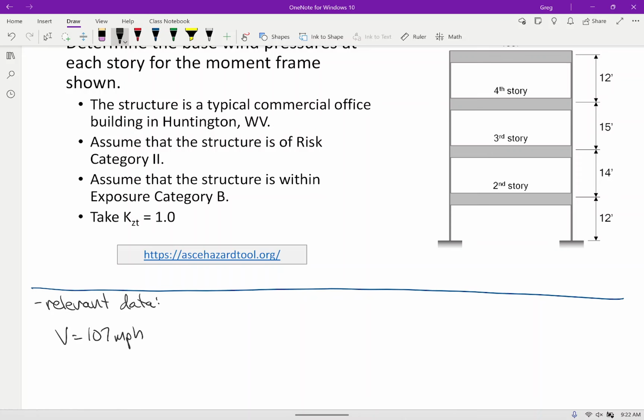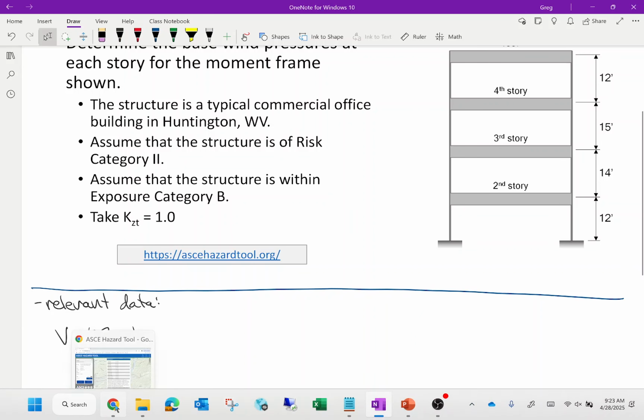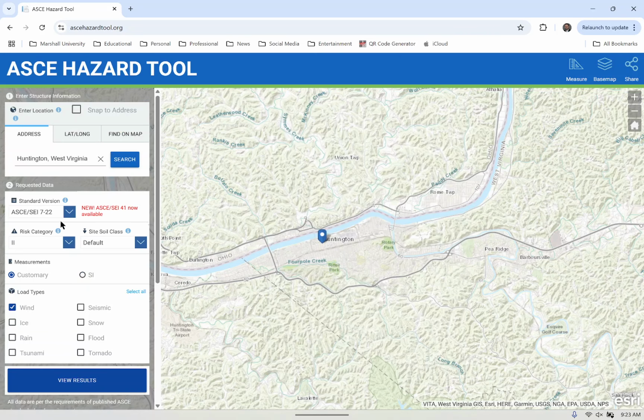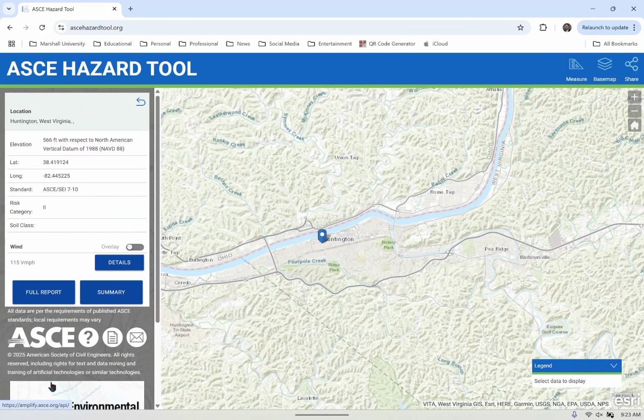One thing I will say about this wind speed of 107 miles per hour: let me pull this back up. I'm going to change it to an older version of the spec and see what we get.